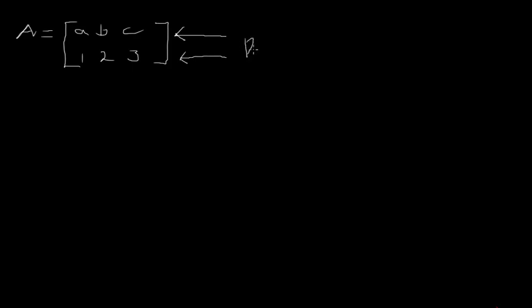So these are rows. And when we talk of columns, we are referring to these values that are arranged vertically. Okay, so these are columns. So a matrix is composed of rows and columns. It's a rectangular arrangement composed of rows and columns.